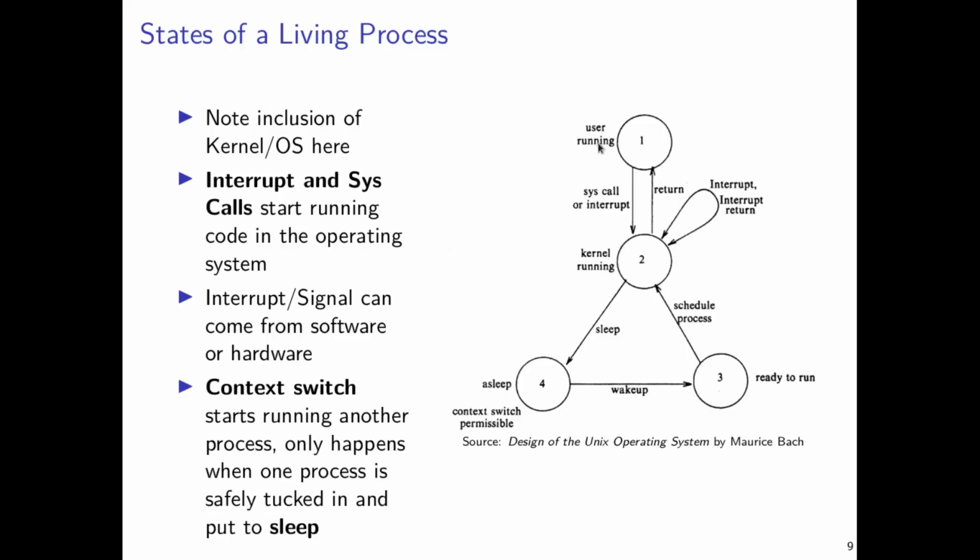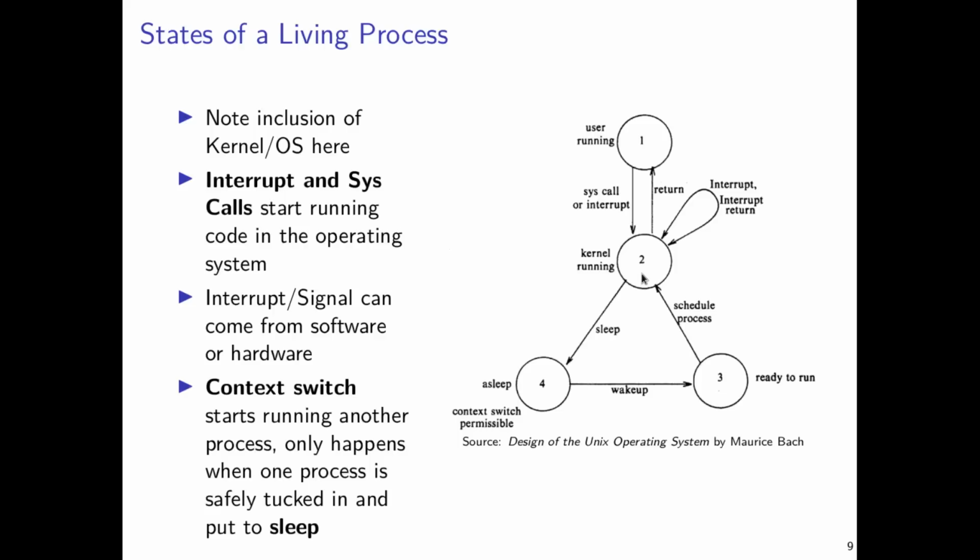So this next state diagram deals with the interaction with the operating system itself and how it will potentially deal with moving processes from running to the ready queue to be run later, or waiting for some I/O to happen.